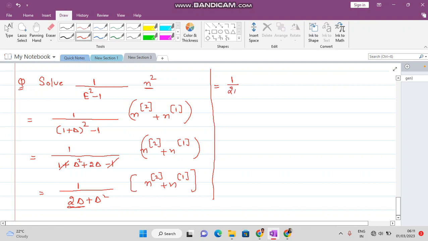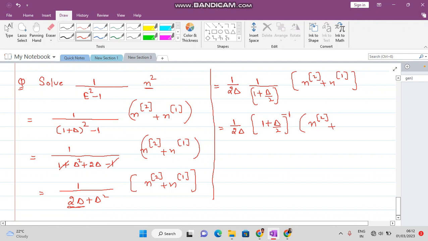So it is 1 by 2 delta into (1 plus delta by 2) whole raised to the power minus 1, into n raised to the power 2 factorial plus n raised to the power 1 factorial.